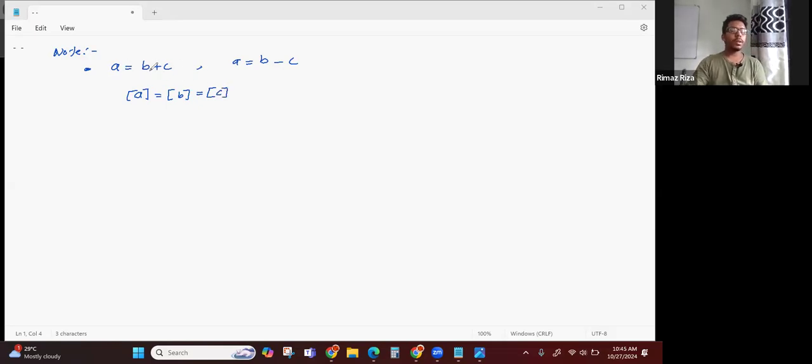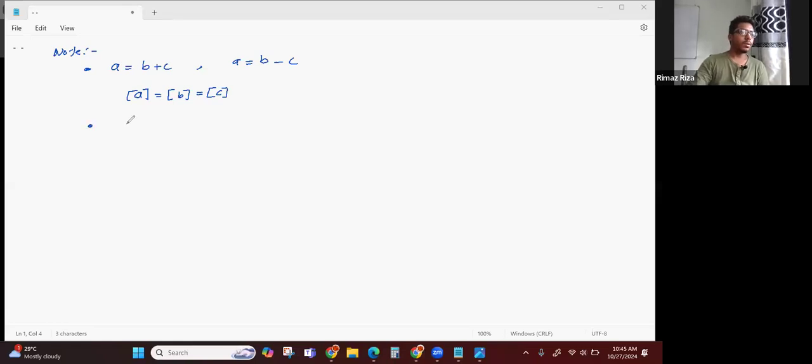For example, let's say B is 2 liters of coconut oil. Can you add 1 kilometer there? No. If it's 2 liters of coconut oil, you add another 1 liter of milk, right? Then this gives a total volume of 3 liters. So the dimensions of A, B, and C must be the same. Okay?